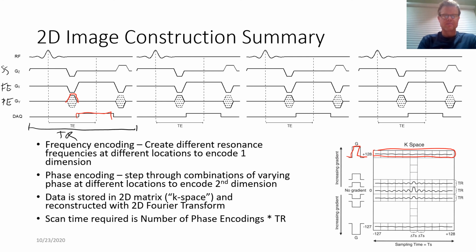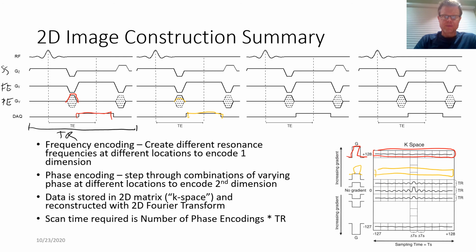Then next, I do a lower phase encoding gradient amplitude, so that would be stored with a smaller one, towards the decreasing gradient.